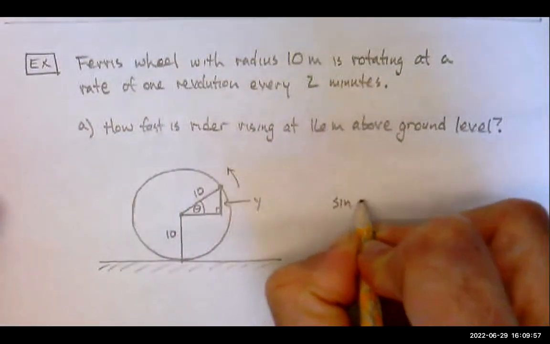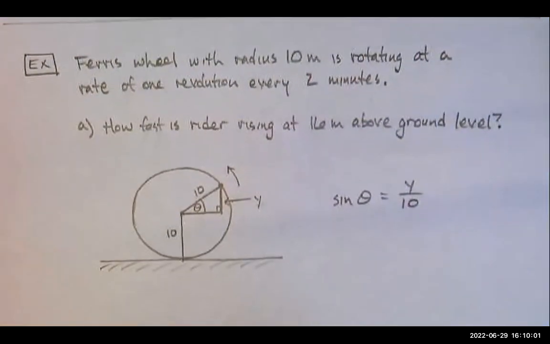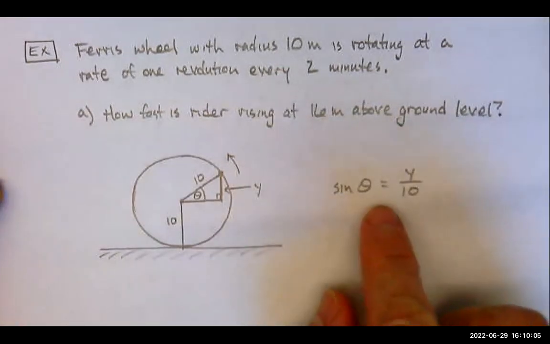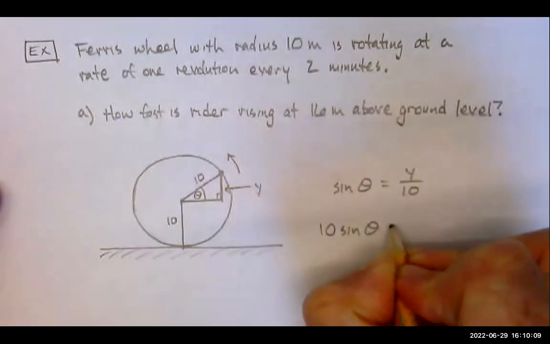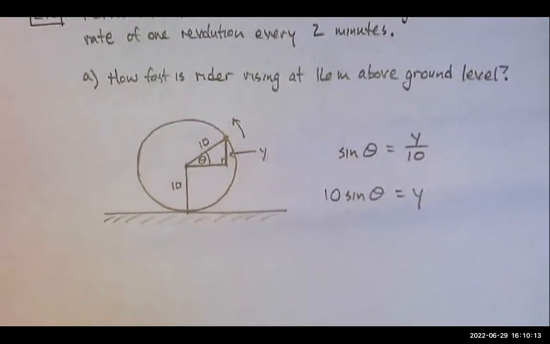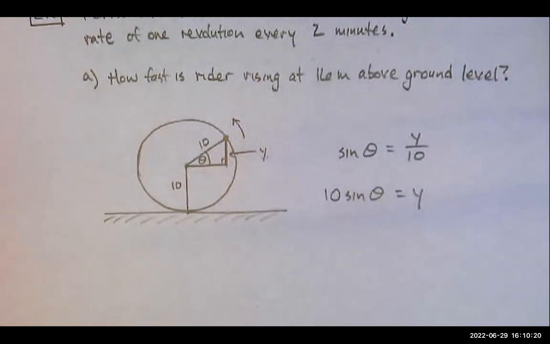The sine of theta equals y over 10. Perfect, got it. If we wanted to make this look a little bit simpler for derivative purposes, maybe we multiply the 10 over. Let's call it 10 sine theta equals y. And we're looking good. We have an equation that's relating our two variables, y and theta.